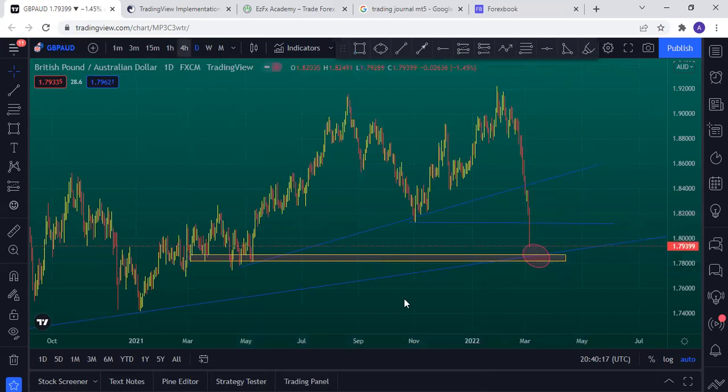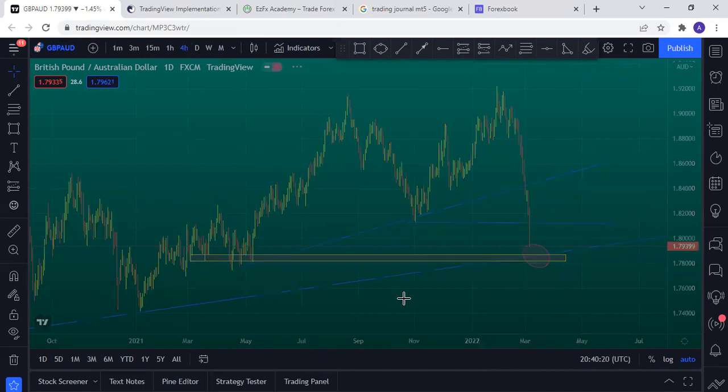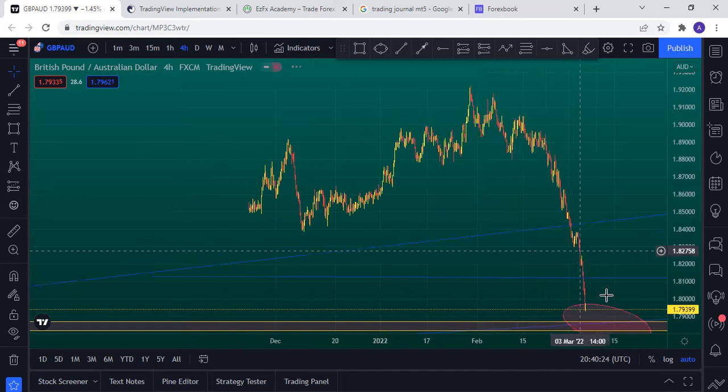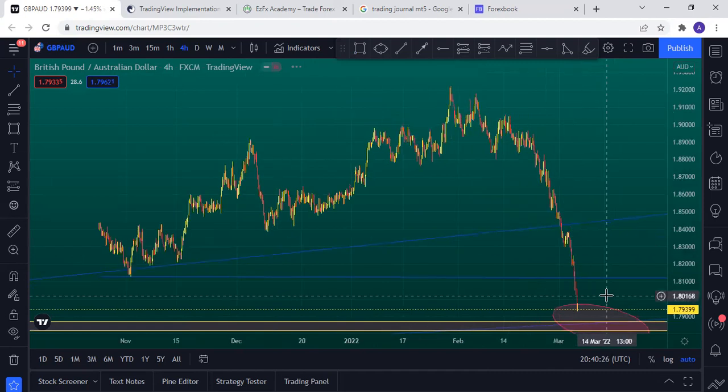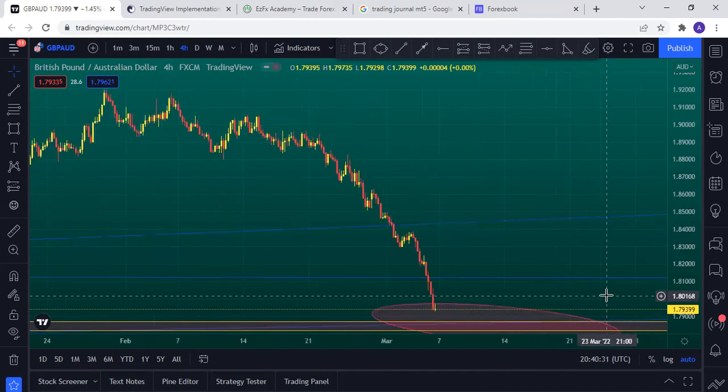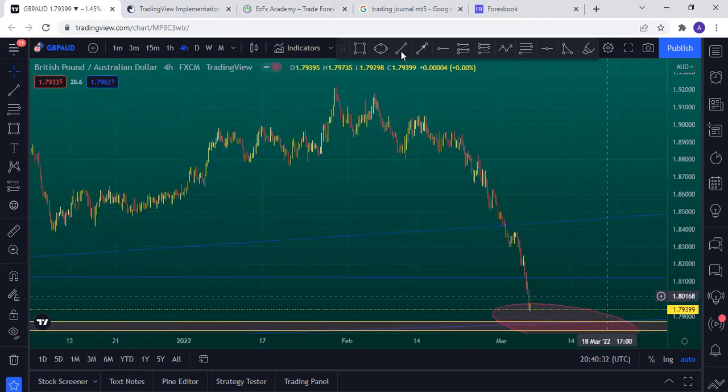On the 4 hour time frame, we might see some bullish movement, at least to recapture some of the imbalance levels, just a little bit of that.